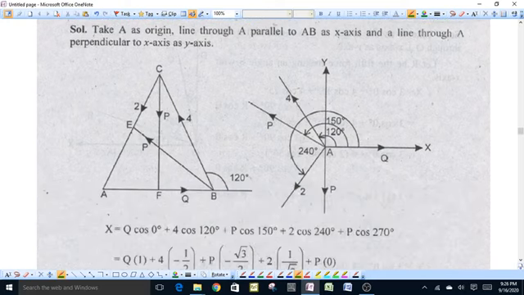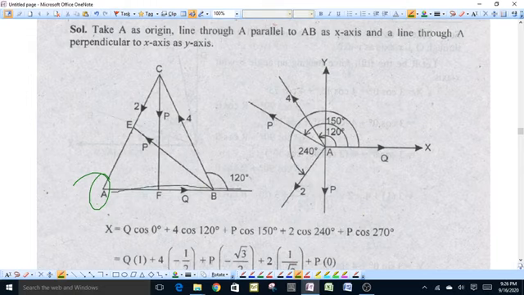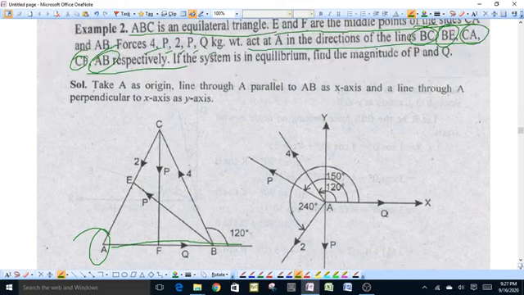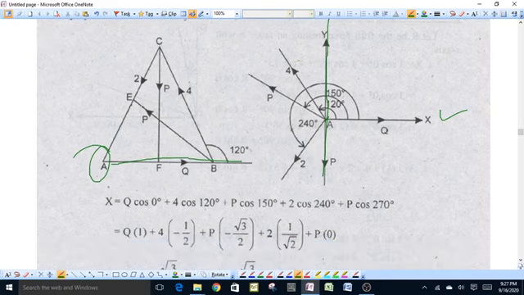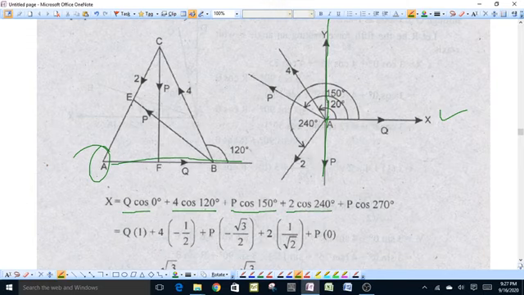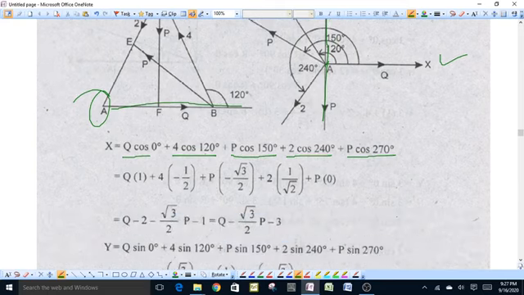Then we take A as origin, and along AB, that is along force Q, we take the x-axis and a mutually perpendicular line we take as the y-axis. We find that the sum of all the x components of all these forces comes out to be Q cos 0, 4 cos 120, P cos 150, 2 cos 240, P cos 270.